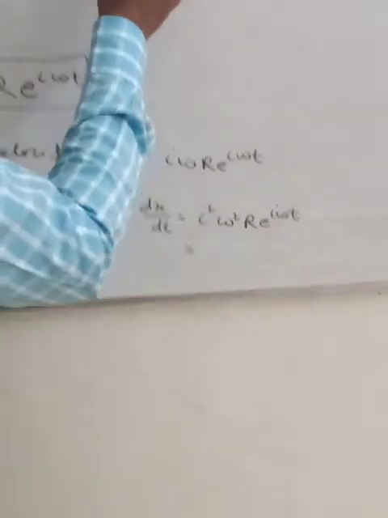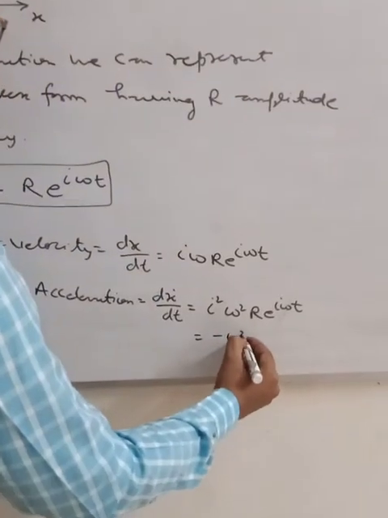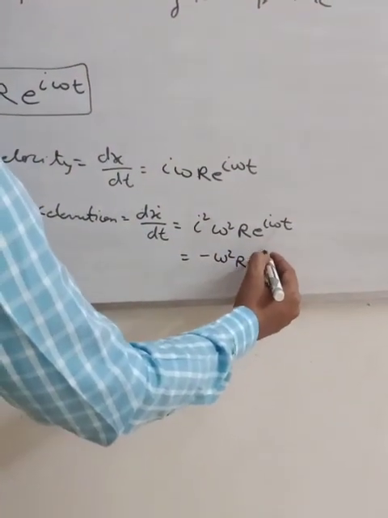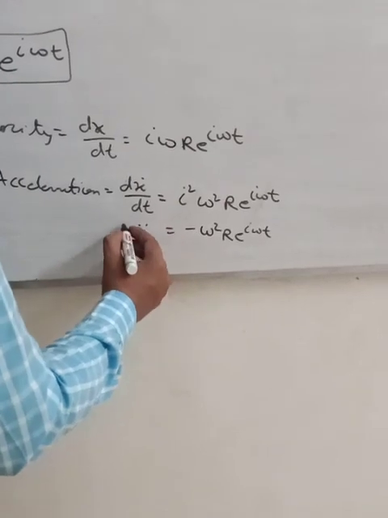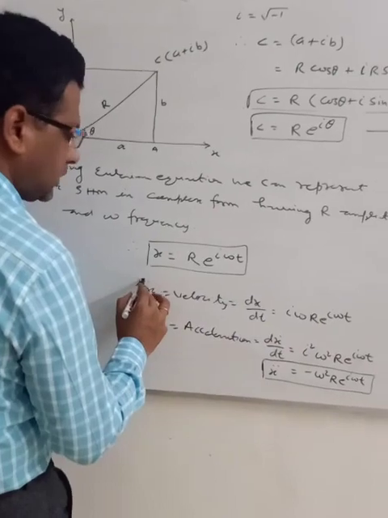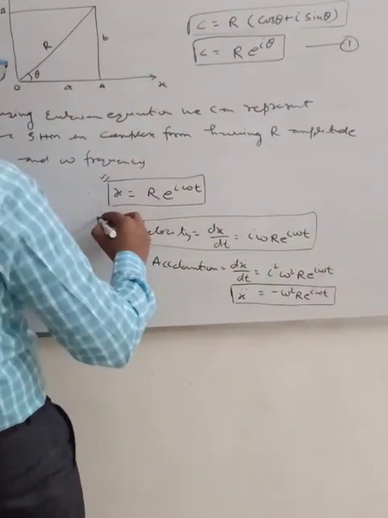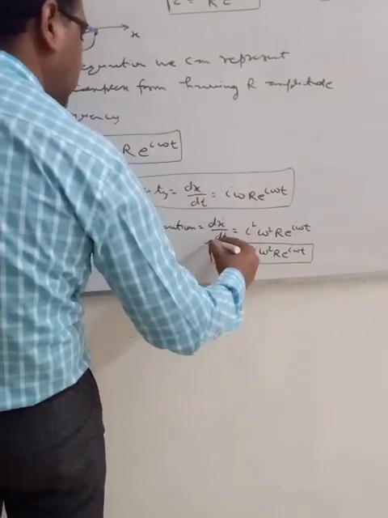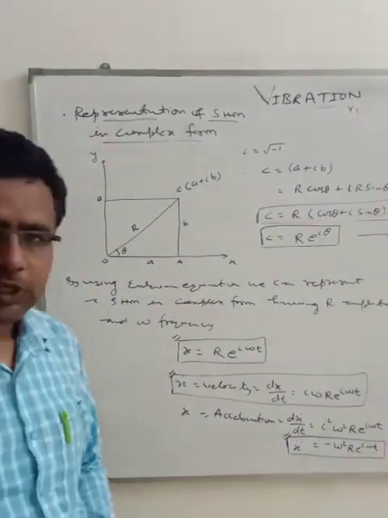The square of iota is minus 1, therefore minus omega square R e^(iota omega t), x double dot. By the help of this, we can represent a simple harmonic motion in the complex form. Thank you, friends.